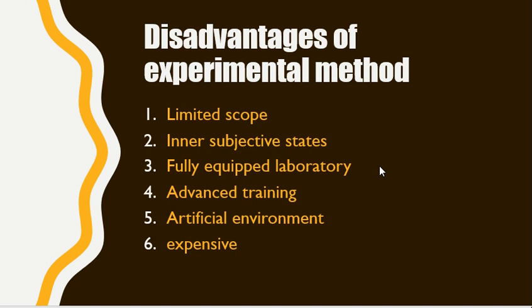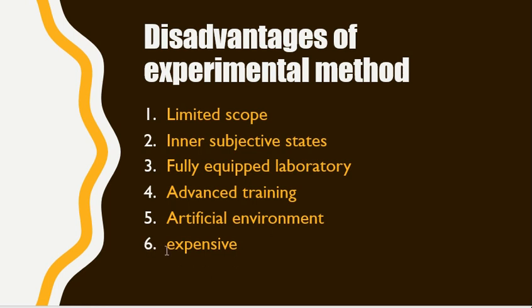Artificial environment. The environment in the lab, we can say that is artificial and maybe new to the subject. And so this artificial environment can affect the real behavior of the individuals. They may not show the actual responses, the real responses.